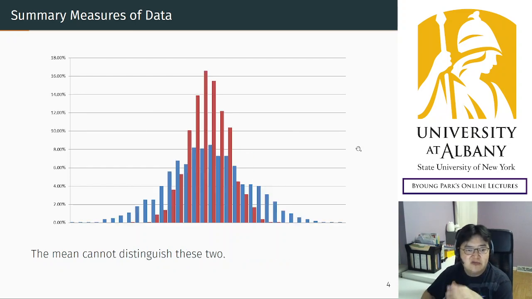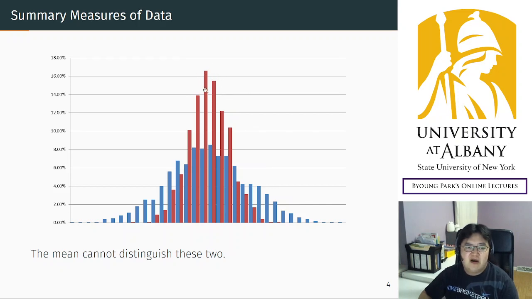However, think about this type of histograms. Again, you see two different histograms, the blue and the red. However, in this case, the mean does not capture that difference because the blue is centered around somewhere here, but red is also centered around somewhere here.